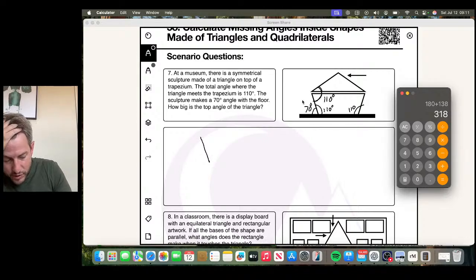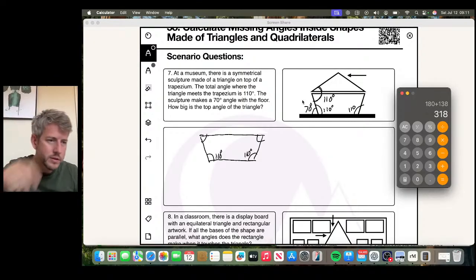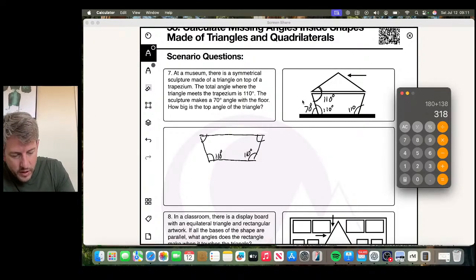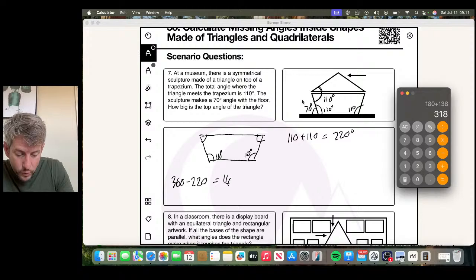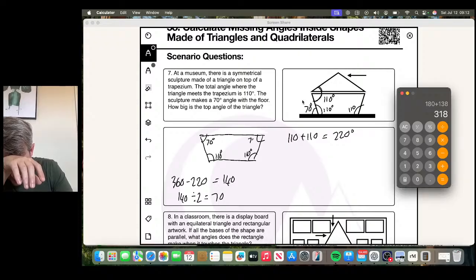So if this is a symmetrical shape, and it's a four-sided shape, and this is 110 degrees, and this is 110 degrees, these two angles must be the same because it's symmetrical. So we do 110 add 110 equals 220 degrees. Then we can do 360, take away 220 degrees, will leave us with 140. So these two angles must make up 140. 140 divided by 2 equals 70. So this angle is 70 and this angle is 70.